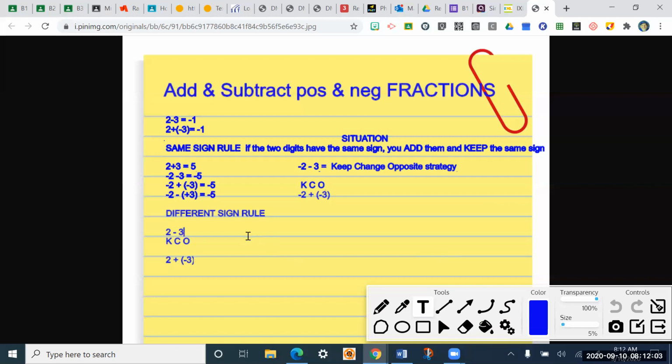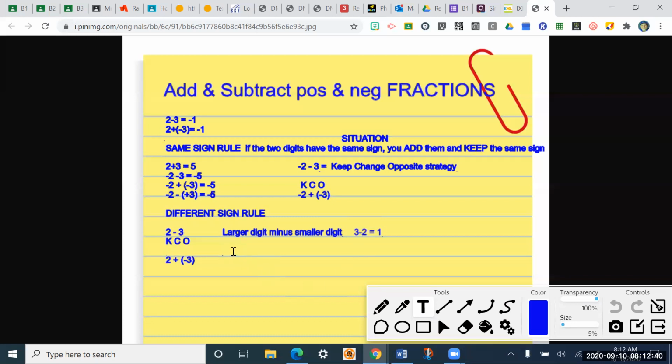For the different sign rule, I will write right here: take the larger digit minus smaller digit. So in this problem, the larger digit minus the smaller digit would be 3 minus 2 equals 1, okay?